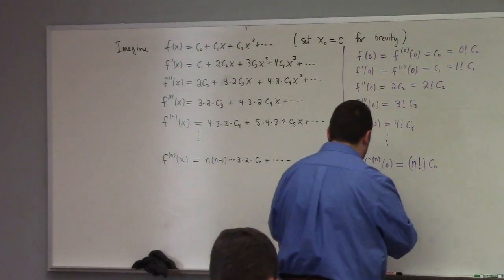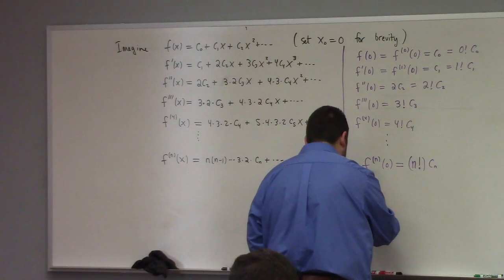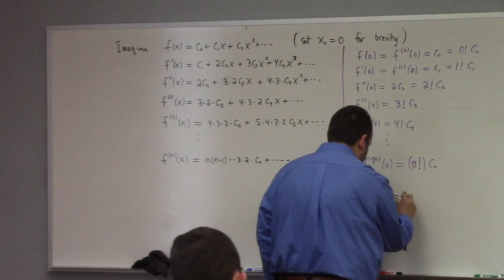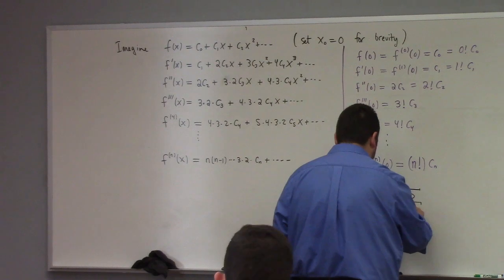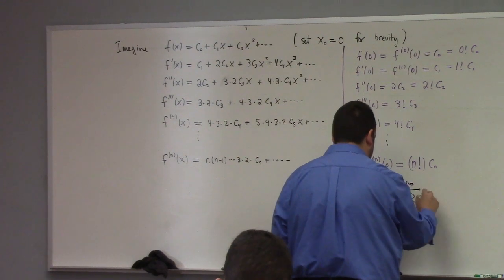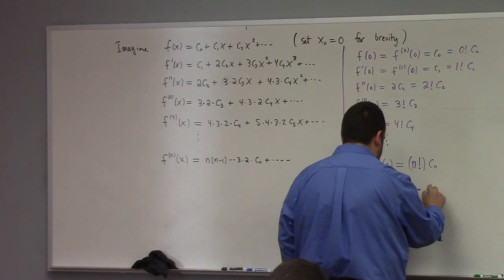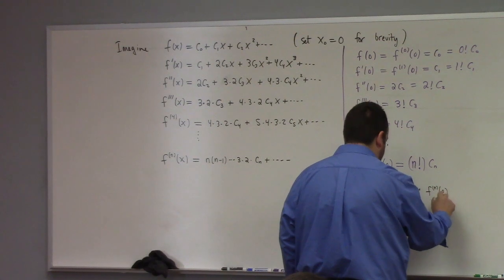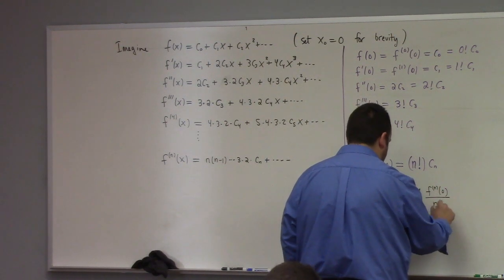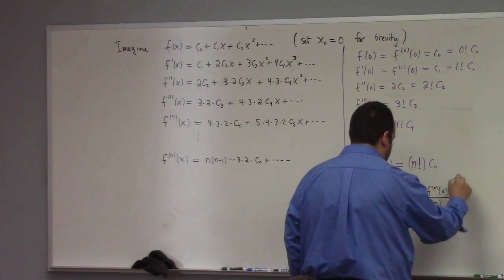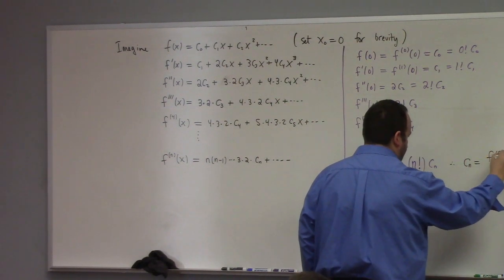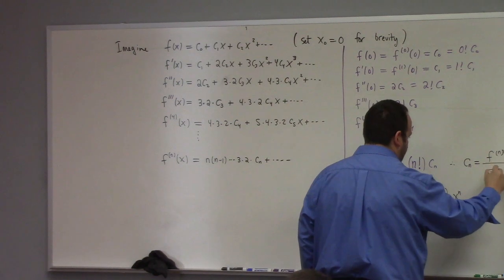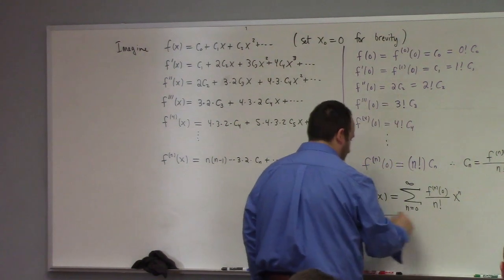We have that f of x is equal to a sum, n equals 0 to infinity, of the nth derivative at 0 over n factorial times x to the n. Because this says that cn is the nth derivative at 0 divided by n factorial.